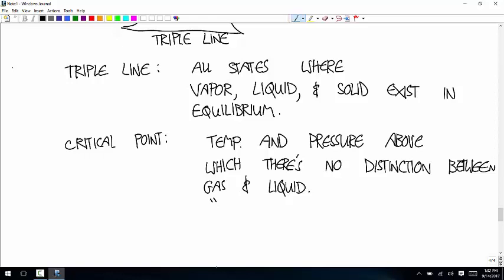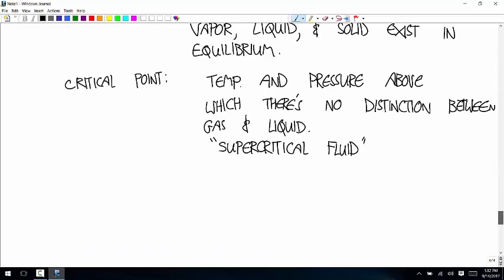So if you get above that temperature or above that pressure, the phase is called supercritical fluid. It's not a vapor, it's not a liquid. Be careful because it might be hot.